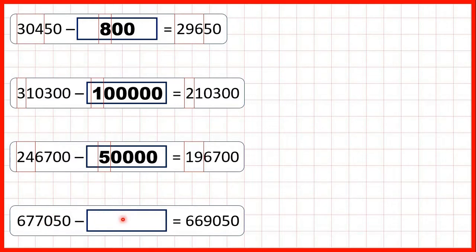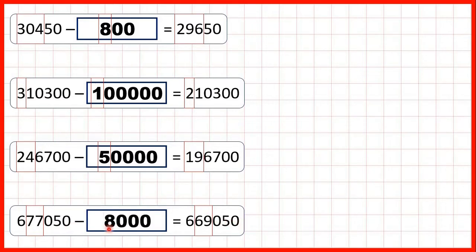677,050 minus what is 669,050? Well, here we can see that both our 10,000s and thousands digits have changed. 77 has changed to 69 in the digits that we've circled. Now 77 minus 8 is 69, but we can see that our hundreds, tens and ones have stayed the same in our answer.